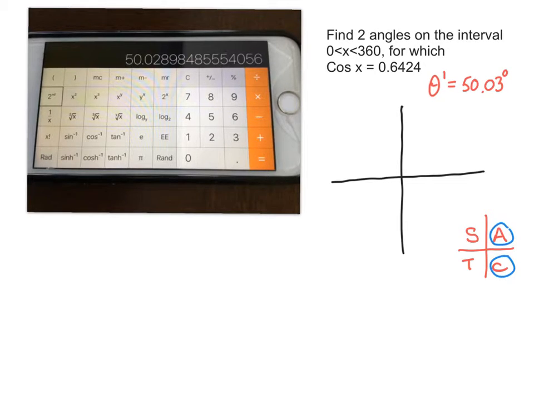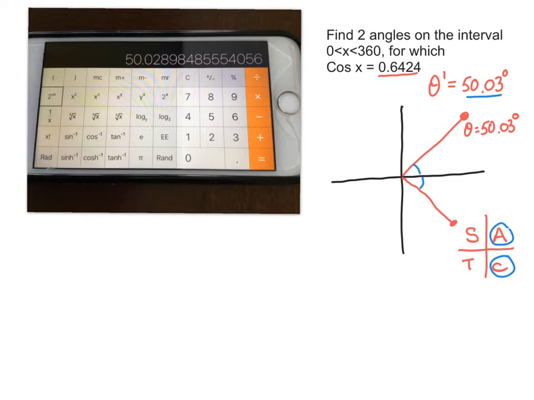So we know that 50.03 will be our first angle in quadrant 1, which we know will give us the cosine 0.6424. Well, the other angle's in quadrant 4, so we do a little mirror down there. And if we do our geometry right, that is 50.03 degrees, and that is 50.03 degrees. They're both the same.